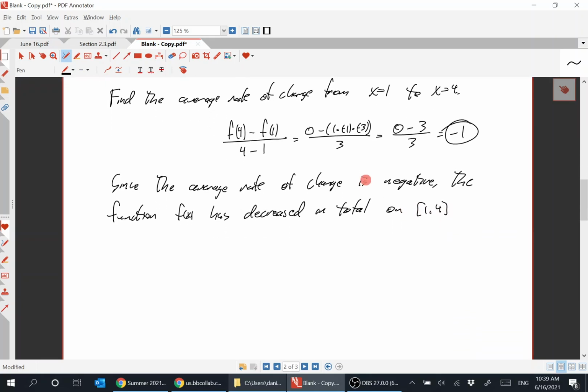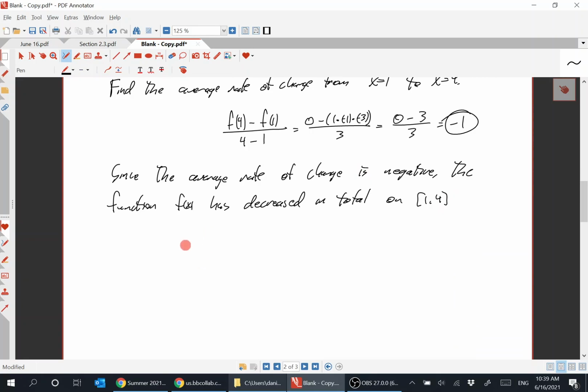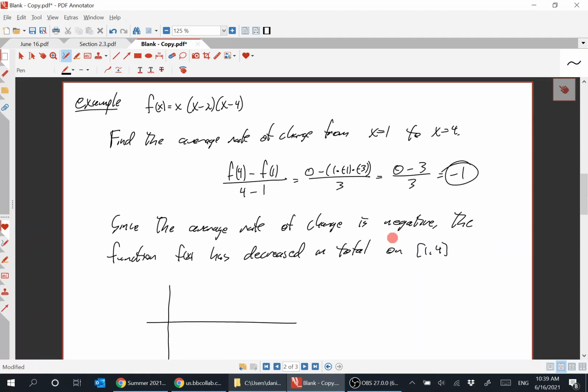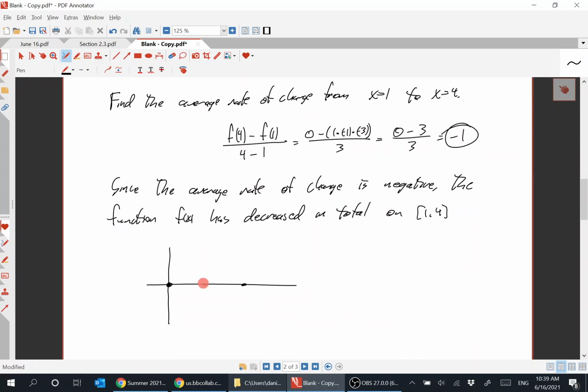And if you graph that function, not that we've talked about how you can graph such a function, although it's not really a big deal, to get a rough sketch of it, this thing is equal to 0 at 0, 2, and 4, and then aside from that, it's going to do this.